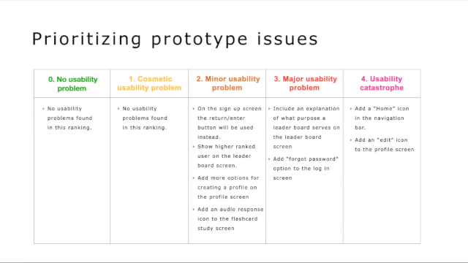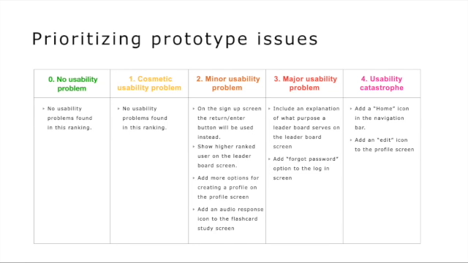No usability problems found in this ranking. 2. Minor usability problem. On the sign-up screen, the enter return button will be used instead. Show higher ranked users on the leaderboard screen. Add more options for creating a profile on the profile screen. Add an audio response icon to the flashcard study screen.